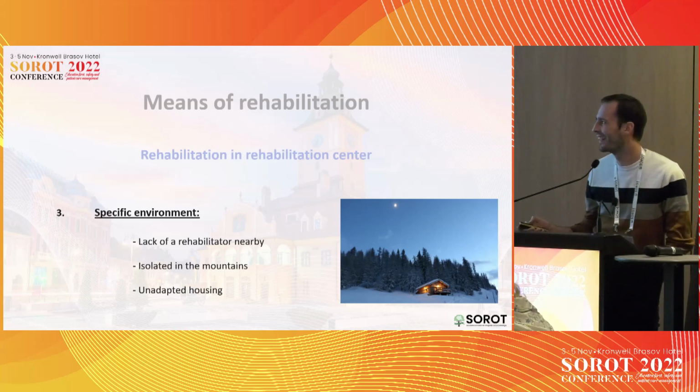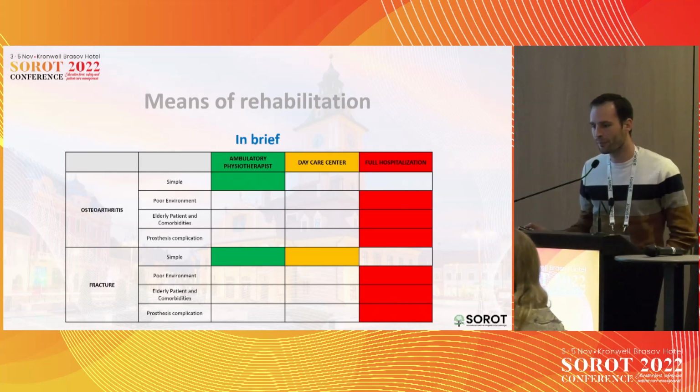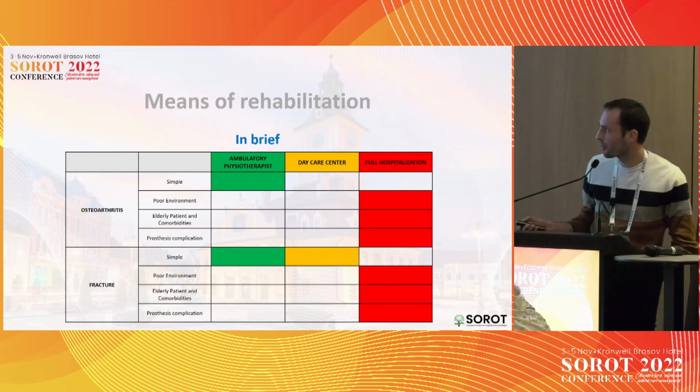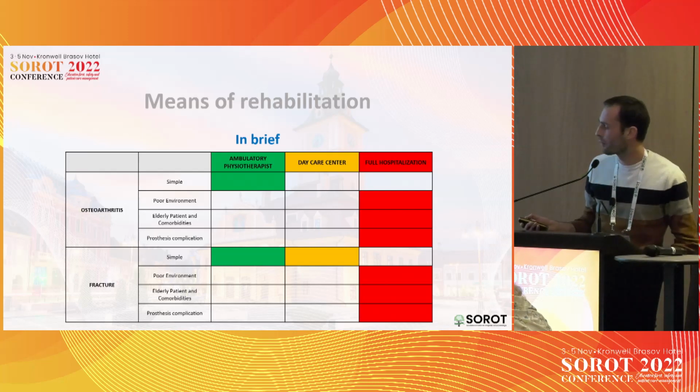So, in brief resume, the indication of rehabilitation center: for people who have simple osteoarthritis, they need less rehabilitation, so they go to an ambulatory physiotherapist. If you have a poor environment, comorbidity, and complication of your prosthesis, we take them into full hospitalization.